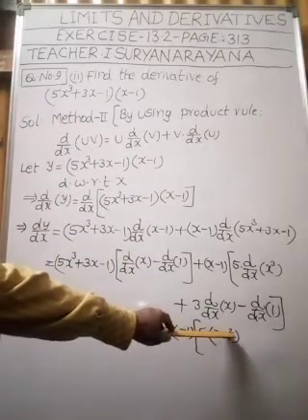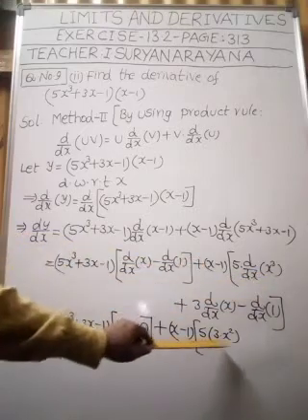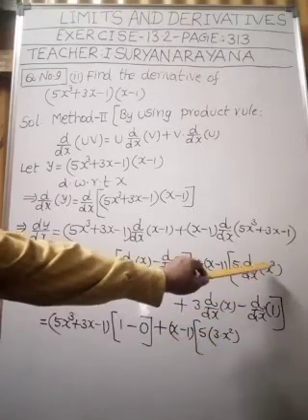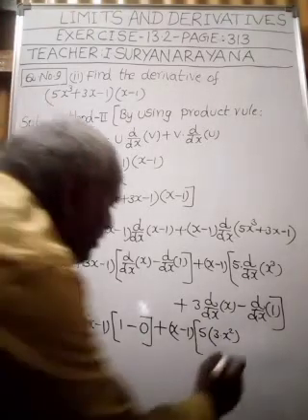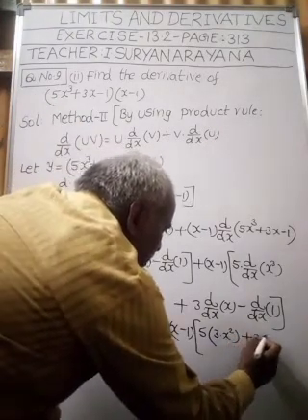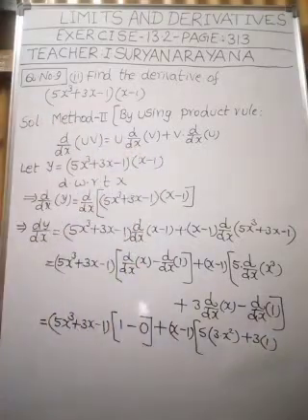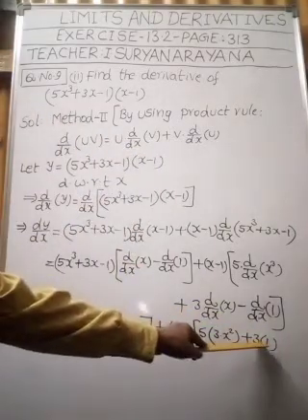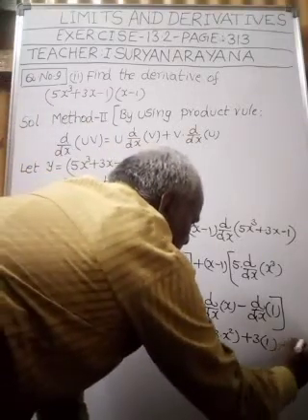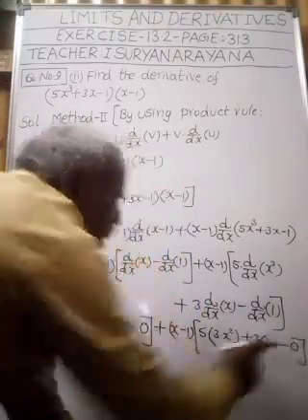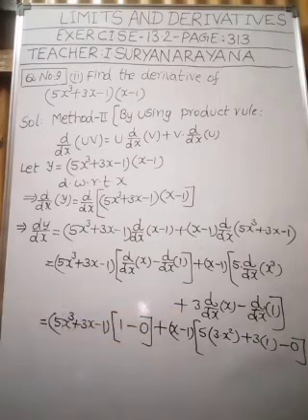What will you get? Square. Understood this 3x square, my children. Derivative of this x cube is 3x square. Okay, my children. Right. Plus 3 into d by dx of x, 1. Okay, my children. Minus d by dx of 1, 0. Understood this step, my children.